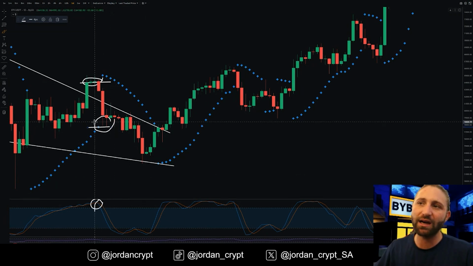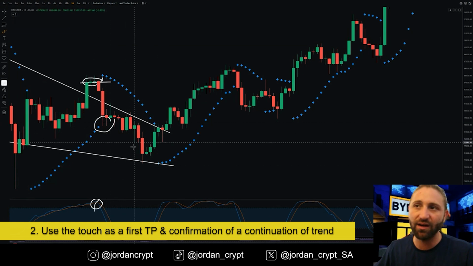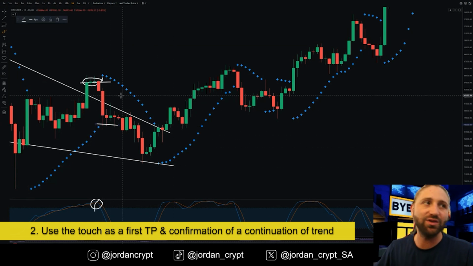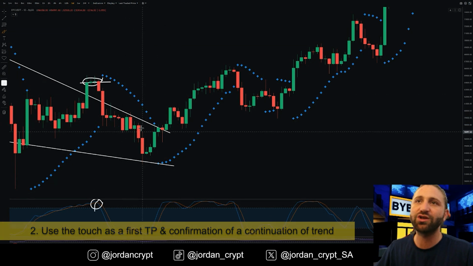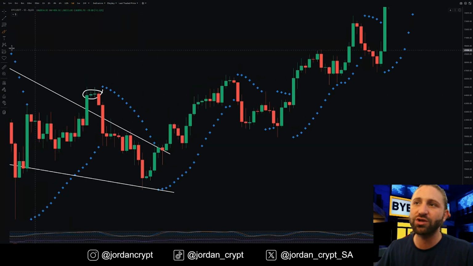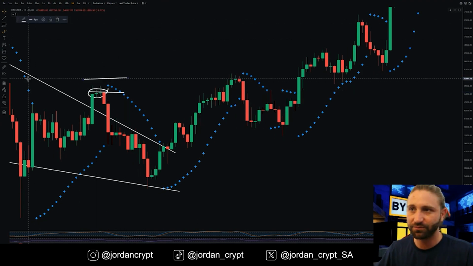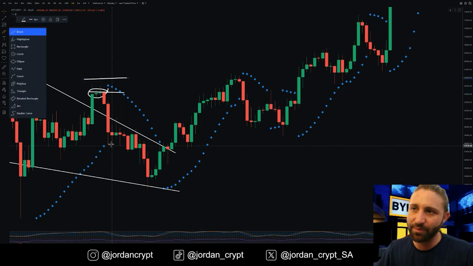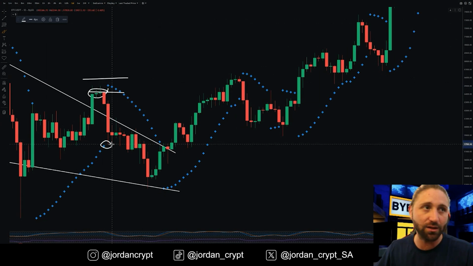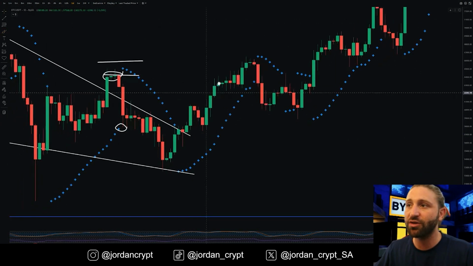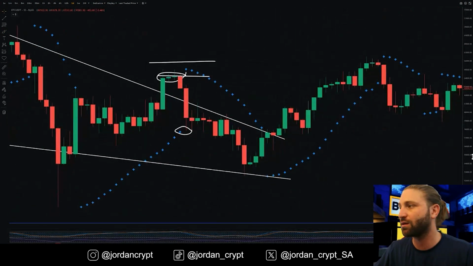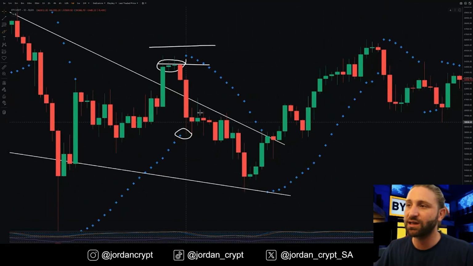Then once price actually hits the previous parabolic from the uptrend, it confirms your trade. Some people like to add to their trade there. I like to see it as a first take profit, and as where you can start to bring your stop loss closer. Usually when we enter a trade, we need a little bit of buffer on our stop loss. As the parabolic touched that little star, it printed one right over here.